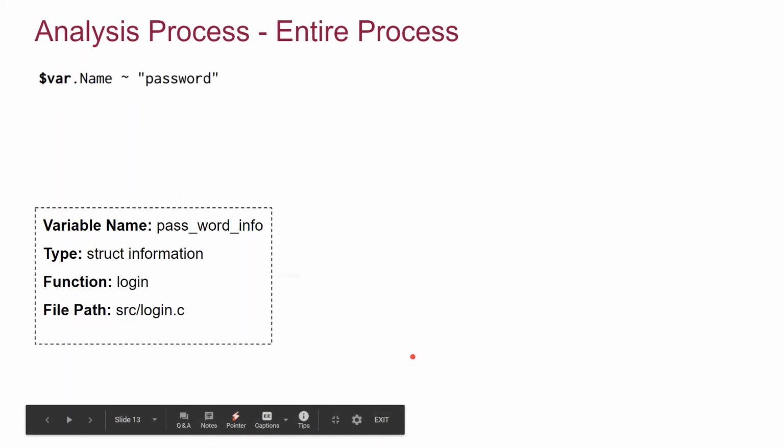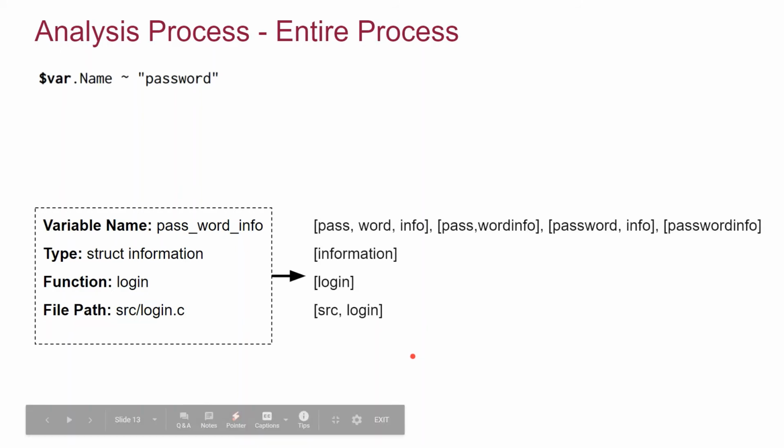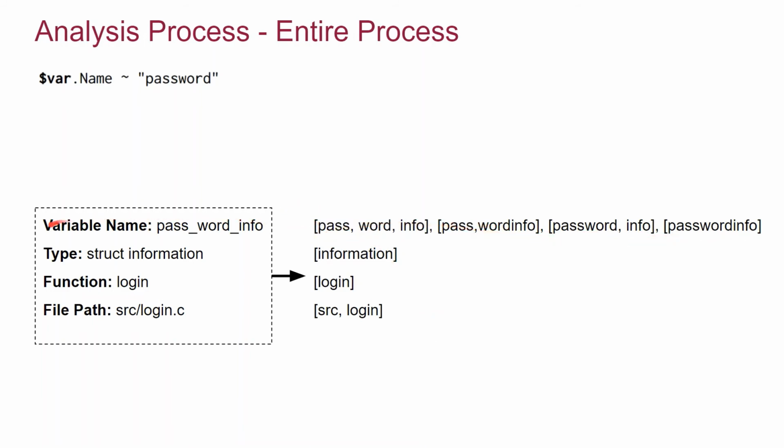After preprocessing, we will get several arrays. The first array is for the variable's name, the second array is for type, the third one is for function, and the last one is for file path.